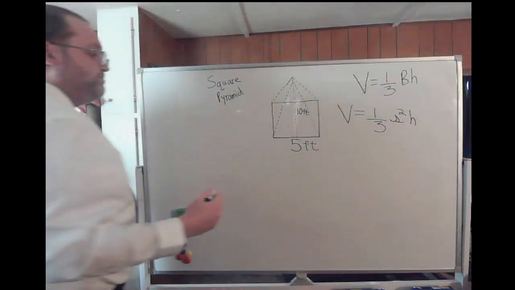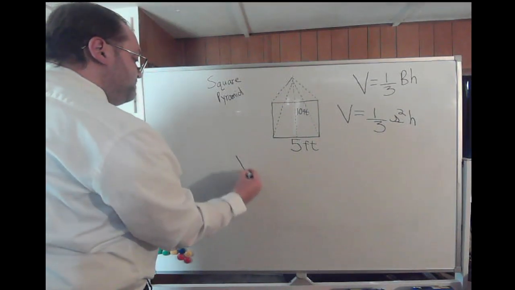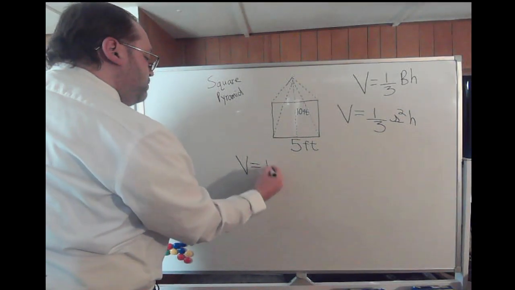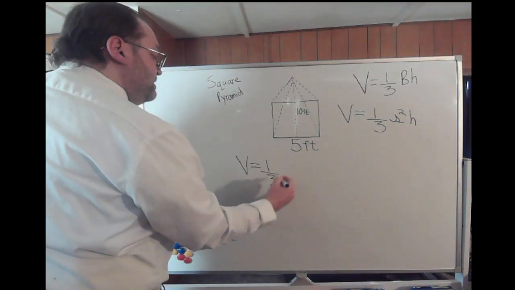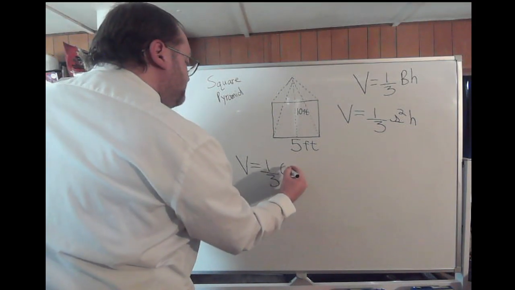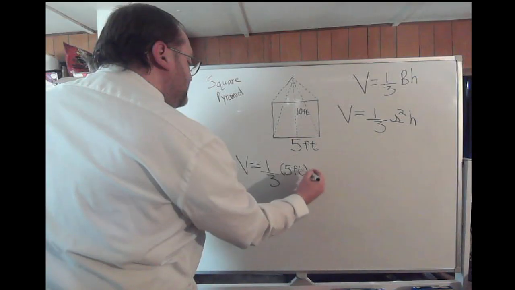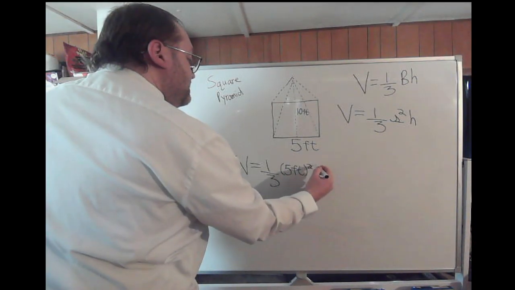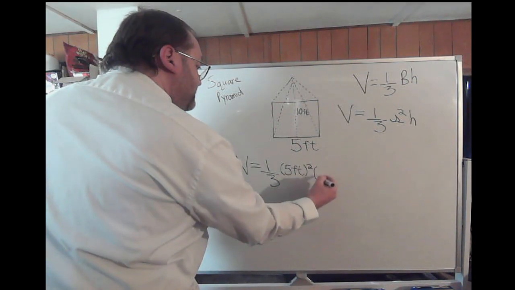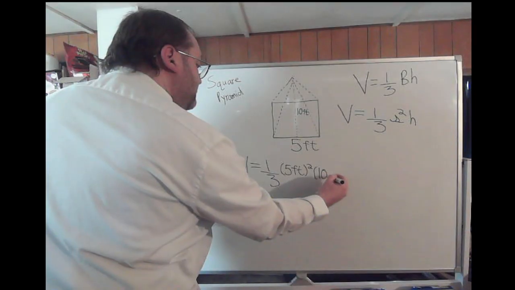Okay, so to find the volume of this pyramid, we're going to take 1/3 times one of the sides squared, which would be 5 feet, that being squared, times the height, which we deem to be 10 feet.